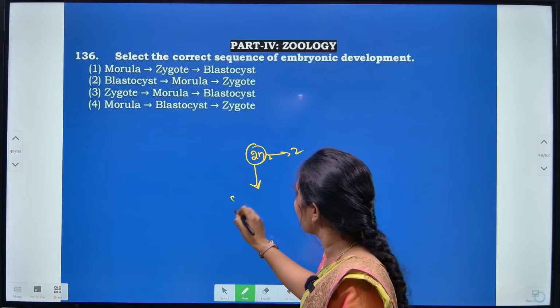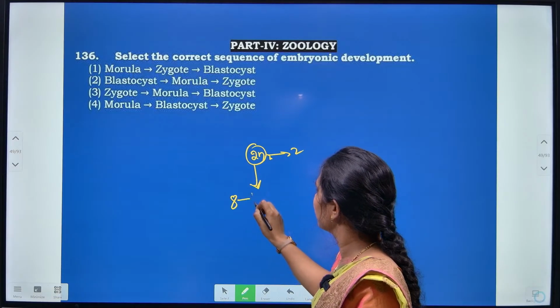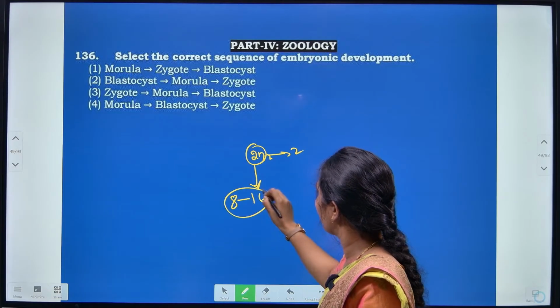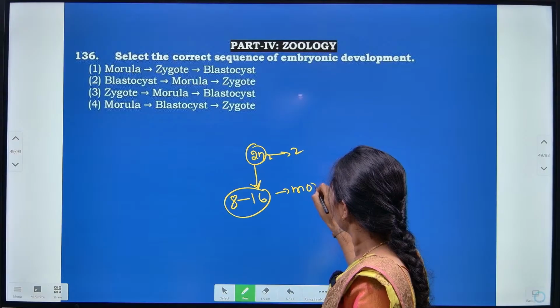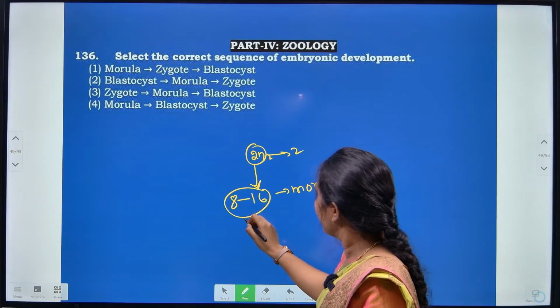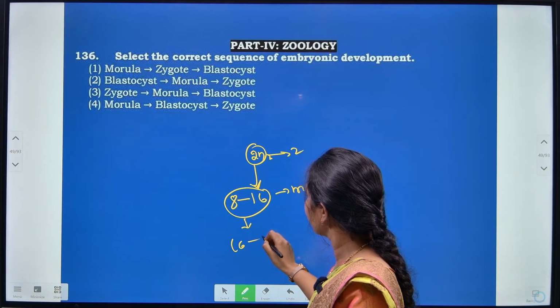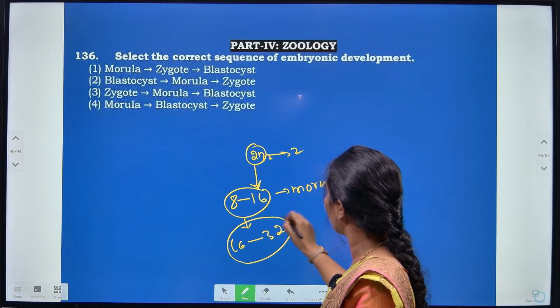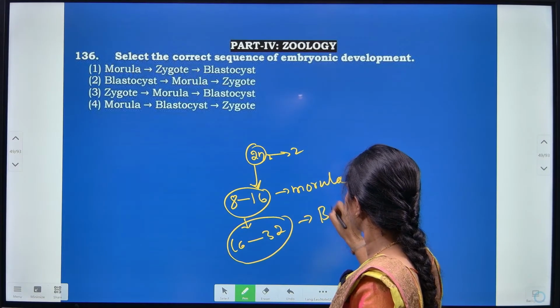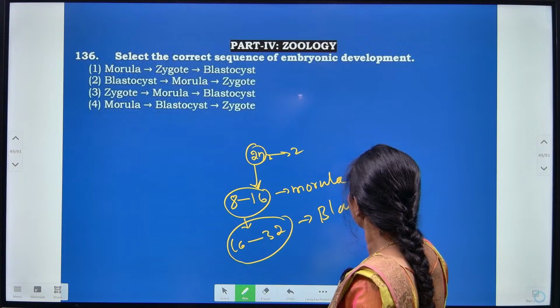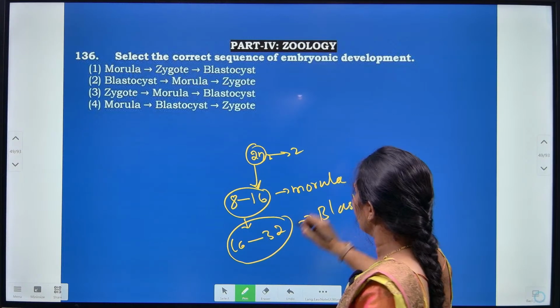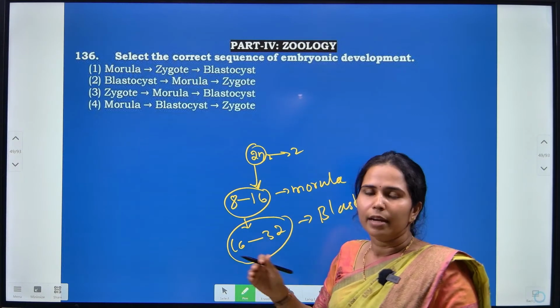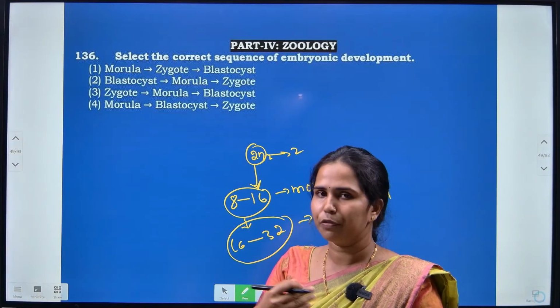So from the blastomeres, the 8 to 16 celled stage is called the morula, and from 16 to 32 cells and onwards it is called the blastocyst. Now this blastocyst gets implanted into the uterus for further development.